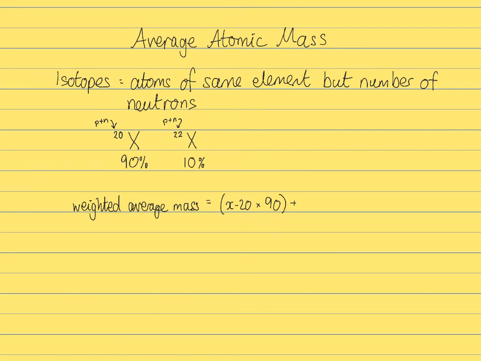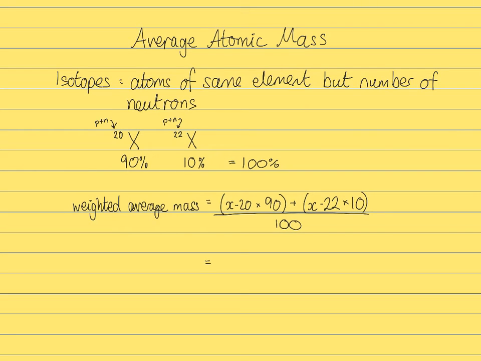We're then going to add the mass of X with 22 and multiply that by its abundance of 10. Then we're going to divide it by the total number that we have. Now in this case, we've got 90% and 10%, and they add up to 100%. So we're going to divide the whole lot by 100.